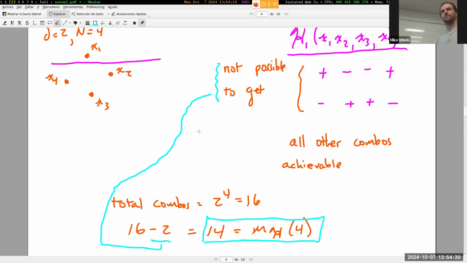But isn't it possible to just draw a line between x1 and x2? Like if the line goes down, one side is 1 and 4, one side is 2 and 3. You're suggesting this? Yeah. So now x1 and x4 are the same, and x3 and x2 are the same. Thank you, so you are correct.